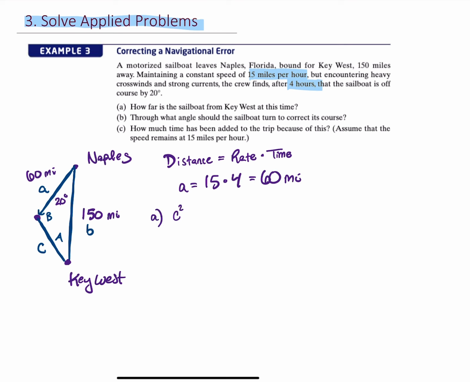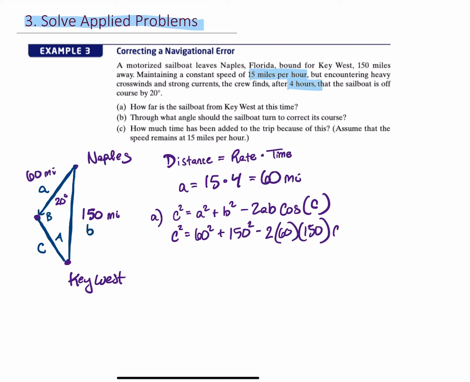I can say C squared will equal A squared plus B squared minus 2AB cosine C. And C is this angle of 20 degrees because that's opposite from our side length C. And we're trying to solve here for C. So C squared would be A squared, so 60 squared plus B squared, 150 squared, minus 2AB, so minus 2 times 60 times 150, times the cosine of C, which is cosine of 20 degrees.